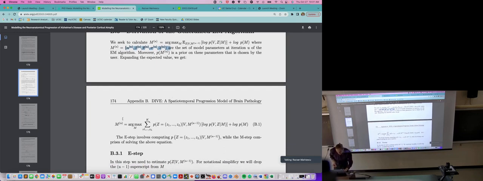So notice this exact form. We estimate the current parameters at iteration u as the maximization over all the model parameters of the expected value over the latent variable z, given the parameters from the previous iteration. This is the E step here, the same as this part.